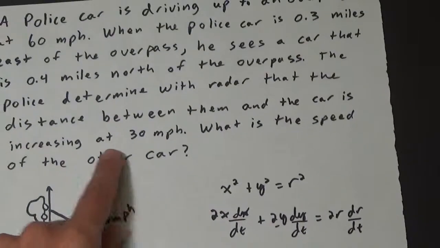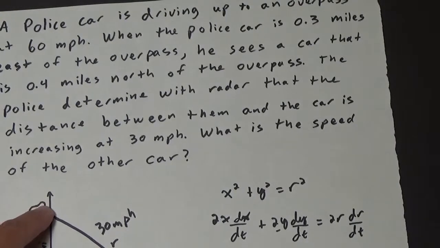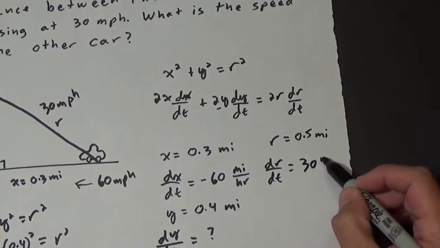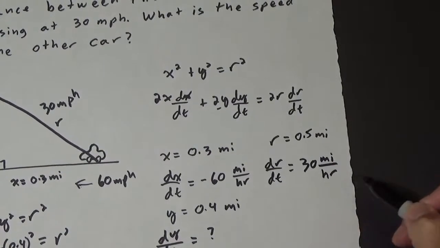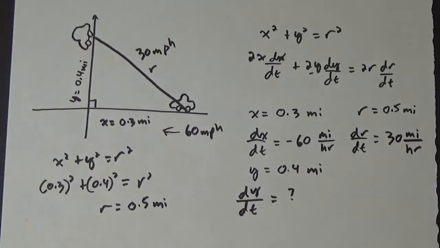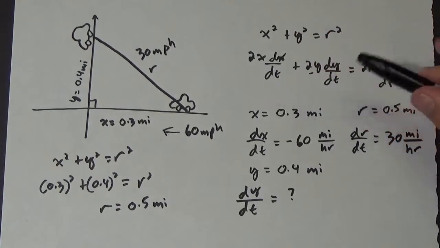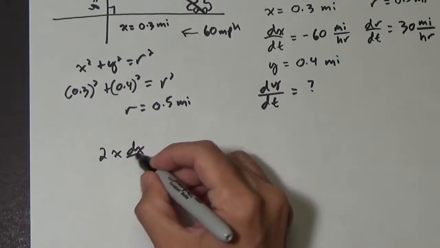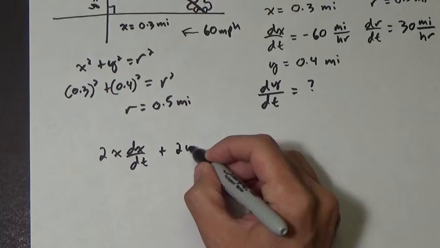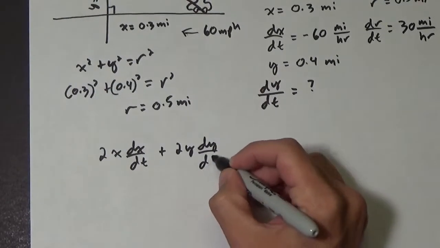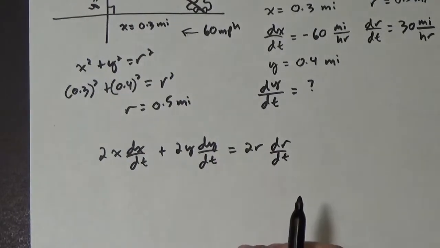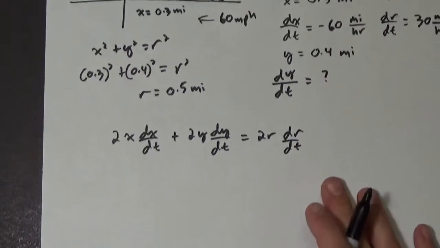In this case, it says the distance between them is increasing at 30 miles per hour. Because it's increasing, it's a positive 30 miles per hour. Good. So now we can take our equation, 2x dx/dt plus 2y dy/dt equals 2r dr/dt, and start substituting in our values.